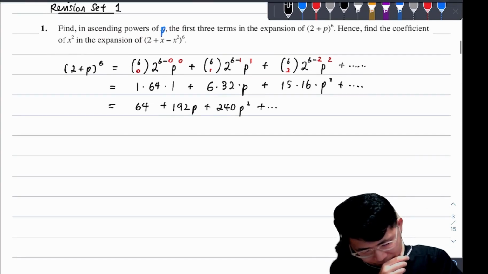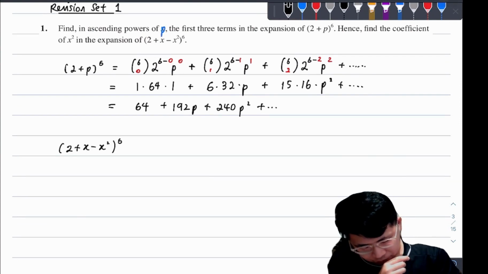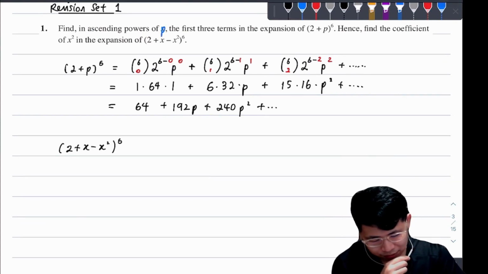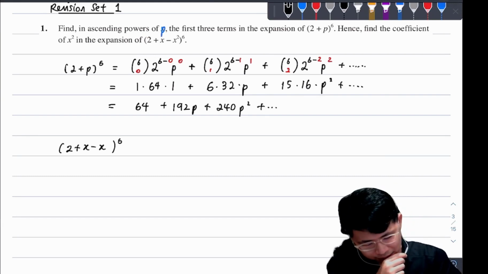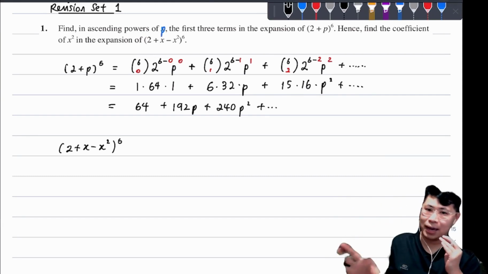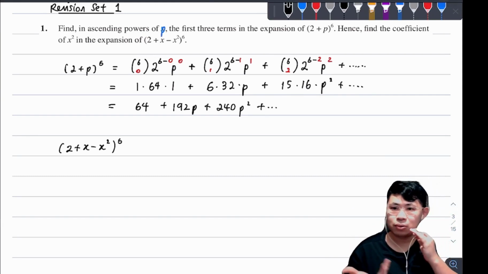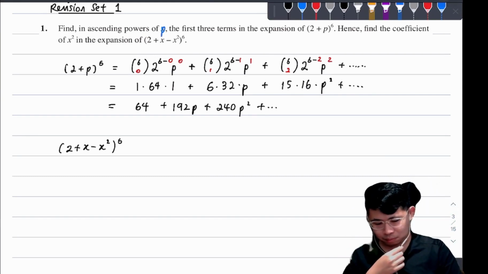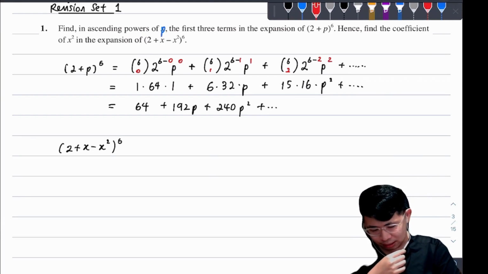Now the second part: hence find the coefficient of x squared in this. What we want to do over here is draw a parallel and compare, because it says hence, so we need to make use of the front portion. If you notice, this is 2 plus p, which is 2 plus this whole thing.